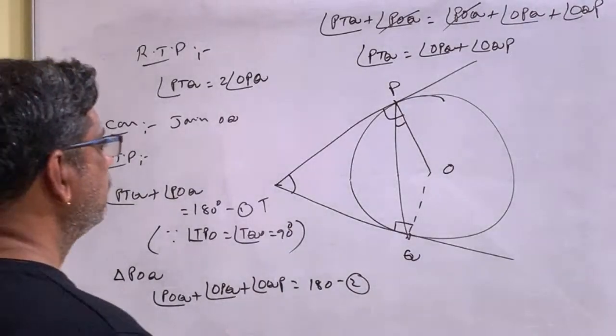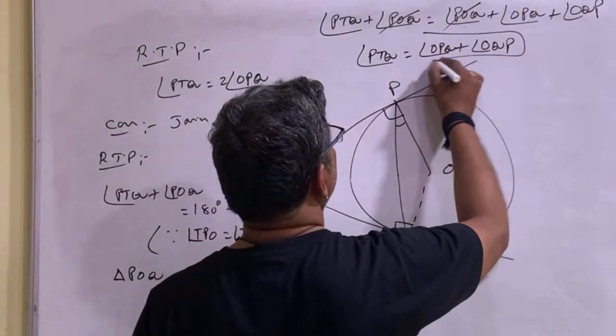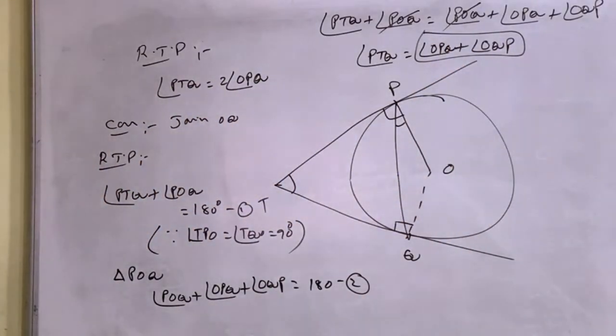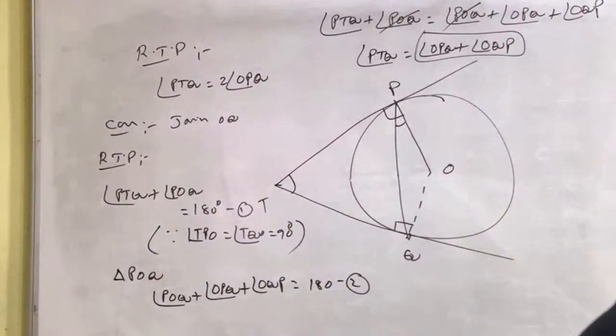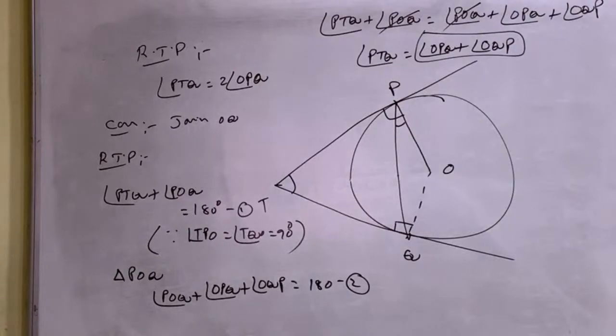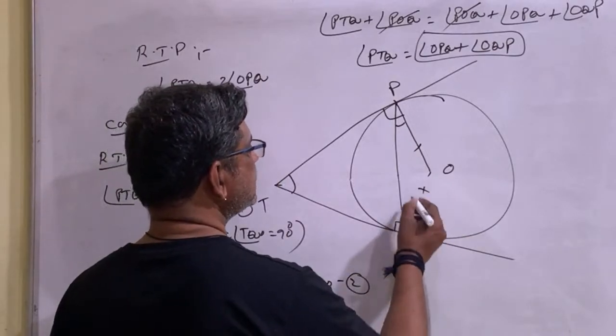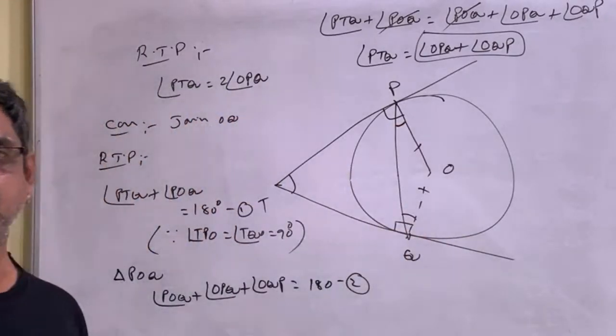But these two angles are equal. Angle OPQ and angle OQP are both equal. What would be the reason, children? Yes, POQ is an isosceles triangle, so this angle and this angle are equal.